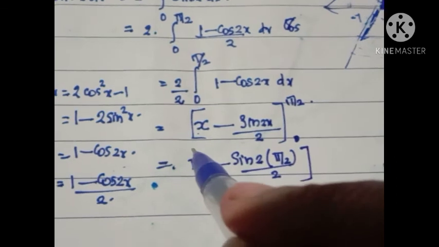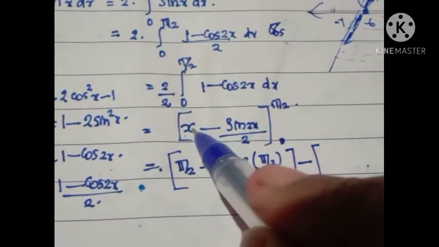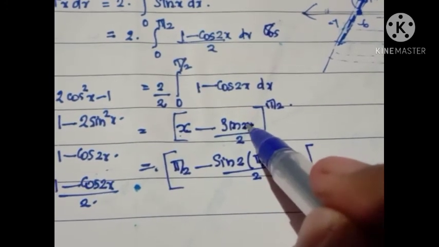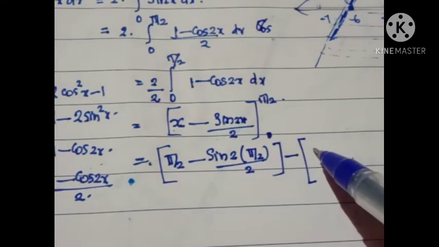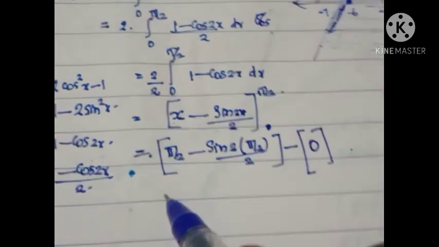This is the upper limit. Minus lower limit: 0 minus sin 2 into 0 by 2. 2 into 0 is 0, sin 0 is 0. So when we apply the lower limit, the total expression reduces to 0.